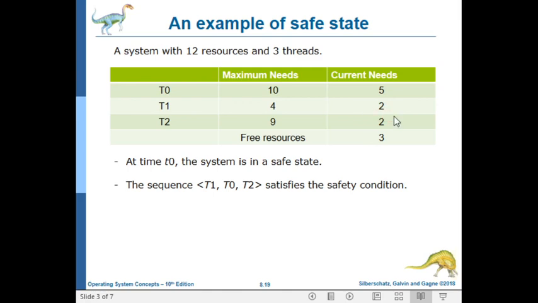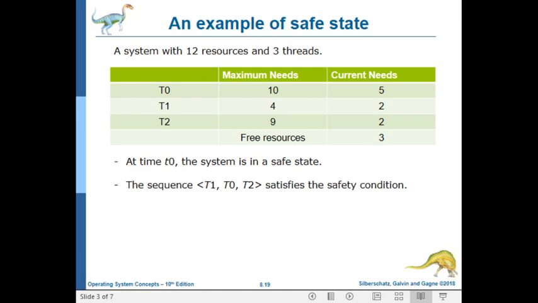The remaining free resources is 1. After T1 terminates all of its execution, it will return all the resources, so the currently available resources is 1 plus 4. The free resources now is 5.